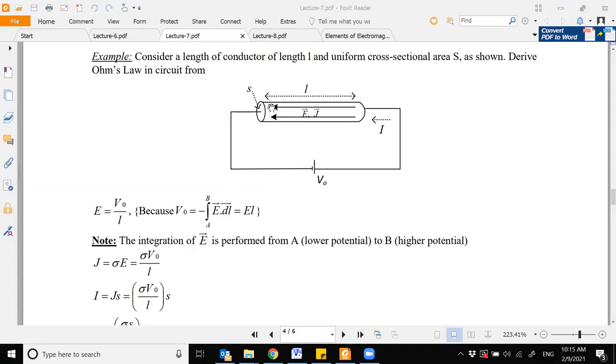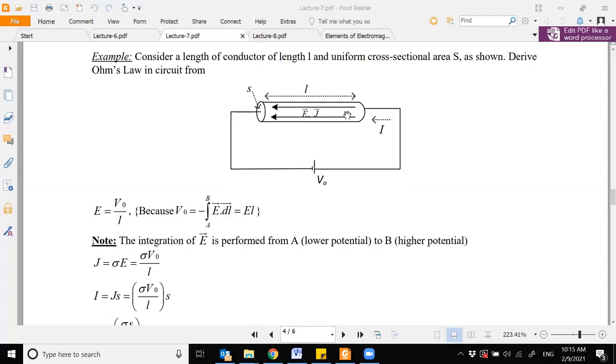Since my electric field E is uniform, E bar dot DL bar will simply become the electric field multiplied by the length L, and my length L is straight.